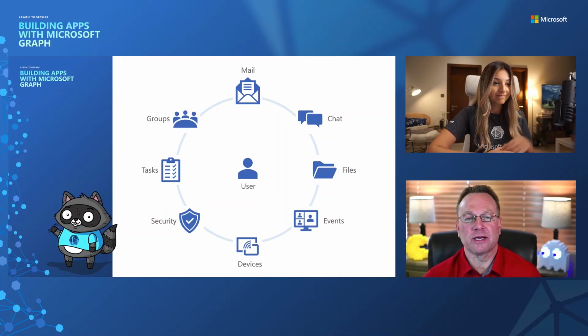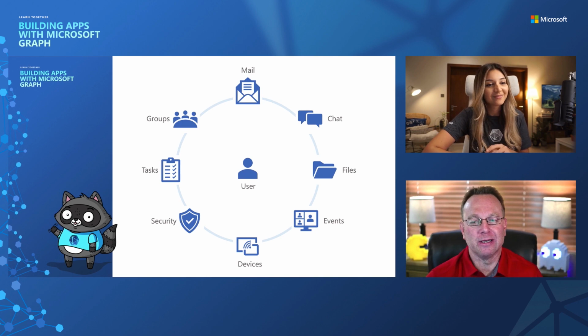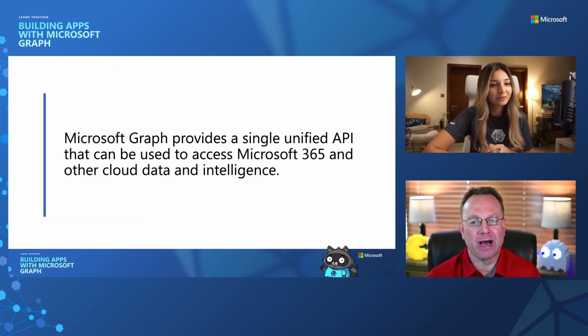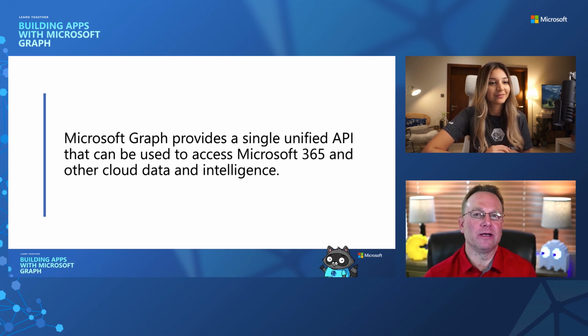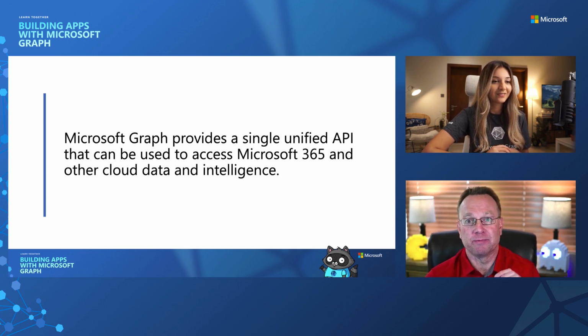Yeah, and I read up on it a little bit, and it sounds like we're kind of heading down the right direction. But tell me a little bit more about, I think Graph and GraphDB or GraphQL or something like that. But tell me a little bit more about what it does specifically. Yeah, so actually, that's a great thing that you mentioned. Microsoft Graph is not related with GraphDB or GraphQL.